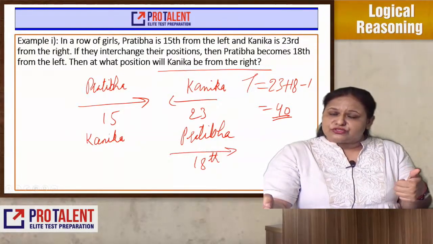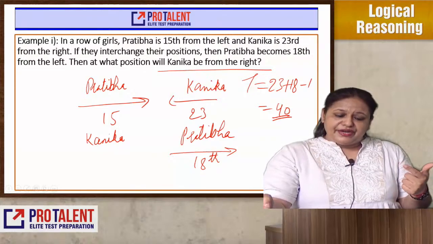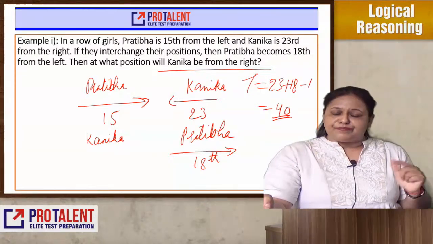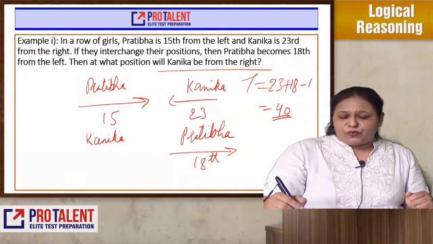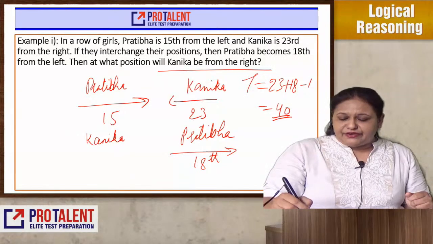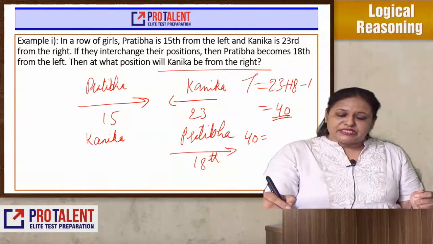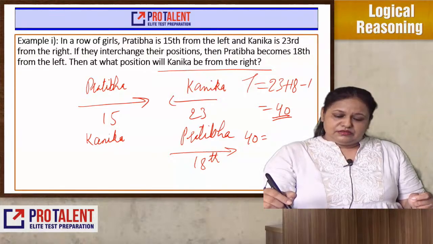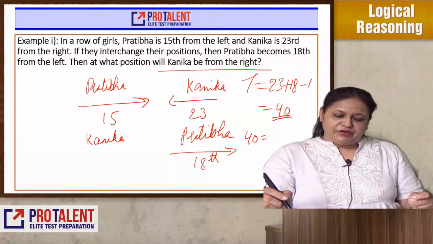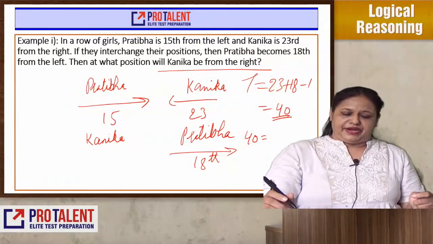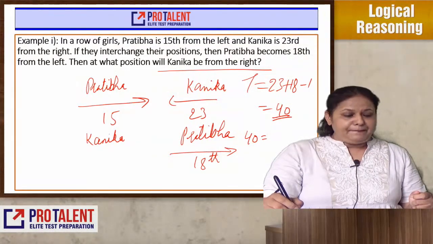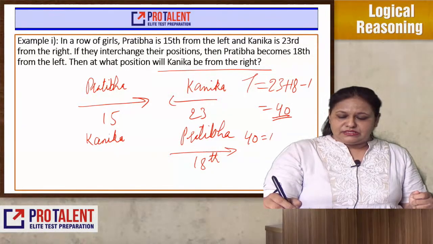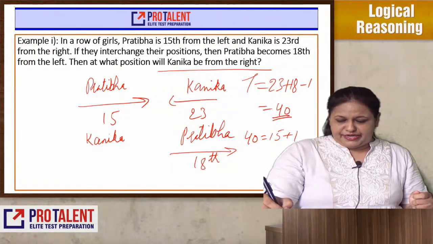This goes by the theory, and now it has been asked Kanika's position from the right. So can I write 40 plus 15 plus the position of Kanika minus 1?